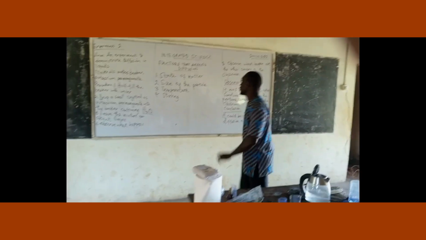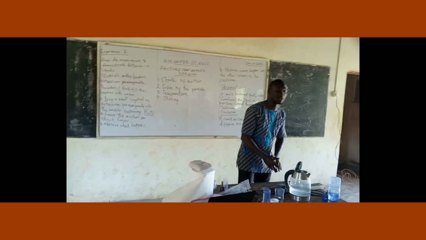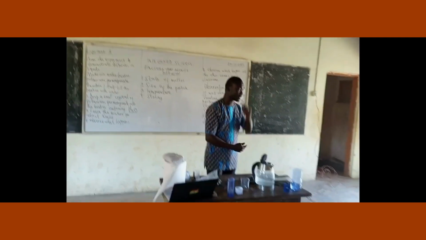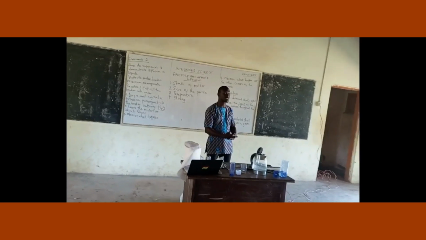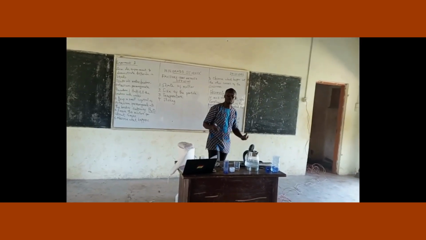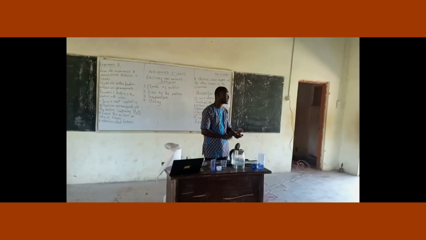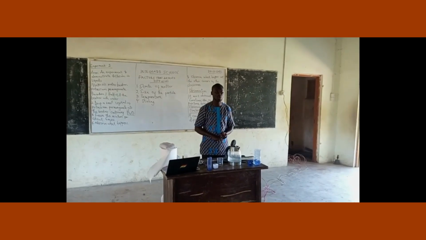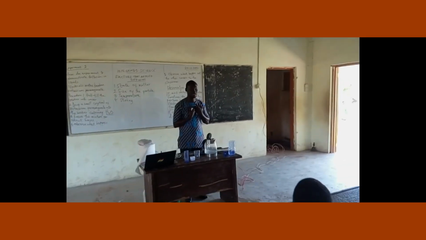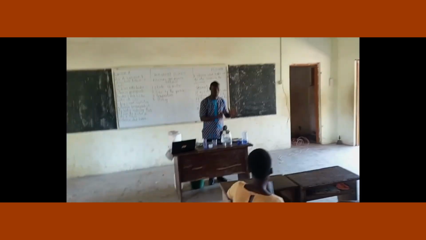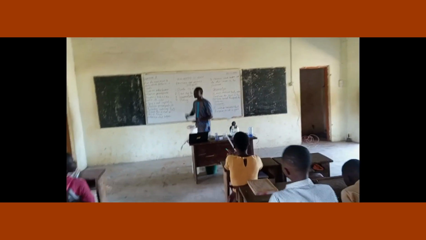Finally, we have come to the end of diffusion. In our next meeting, we are going to look at osmosis. And in this topic, we have learned about diffusion. There is evidence, is it not right?